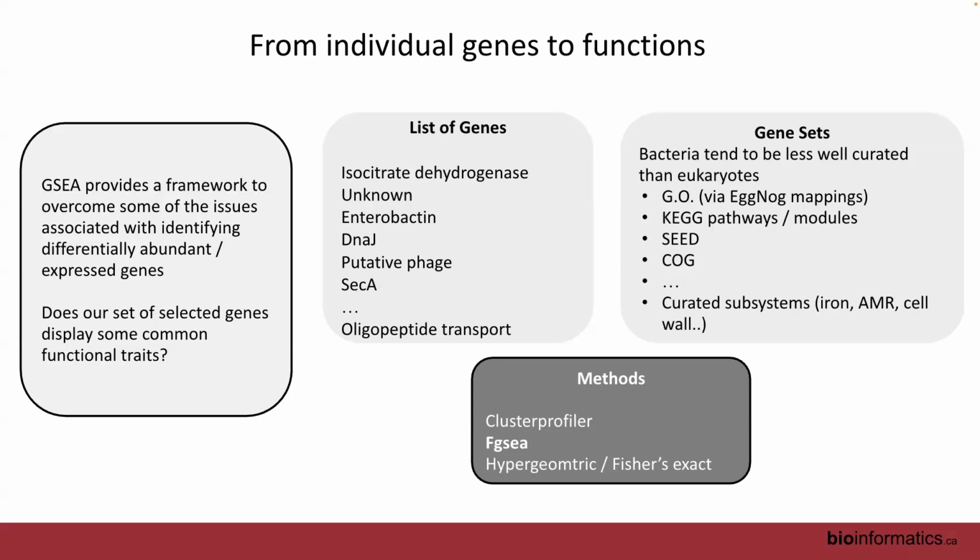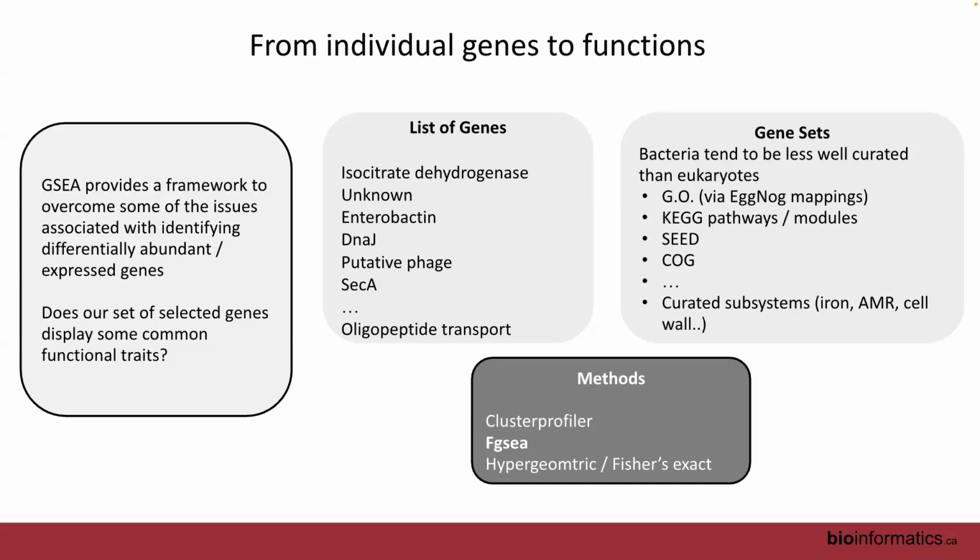Or you could have your curated subsystems. So these could be genes involved in, for example, ion transport. You could use all of those as a set. Is your set of enriched genes, or abundant genes, or these differential genes that you've identified in your first step, enriched in genes associated with, for example, ion functions, or are they enriched in things to do with AMR? That's another possibility as well, rather than relying on these very broad categories.